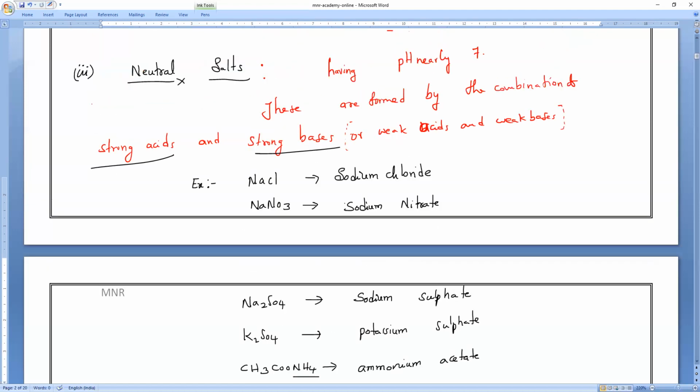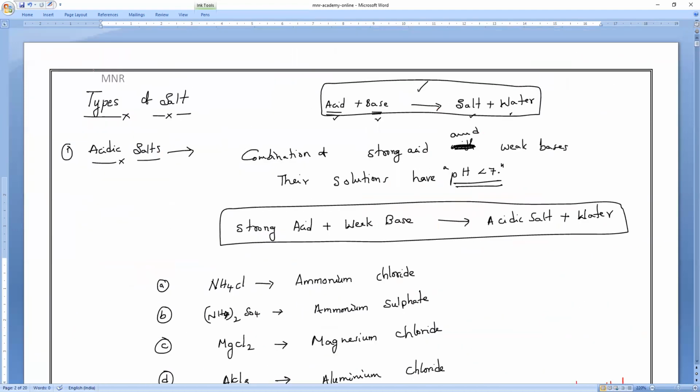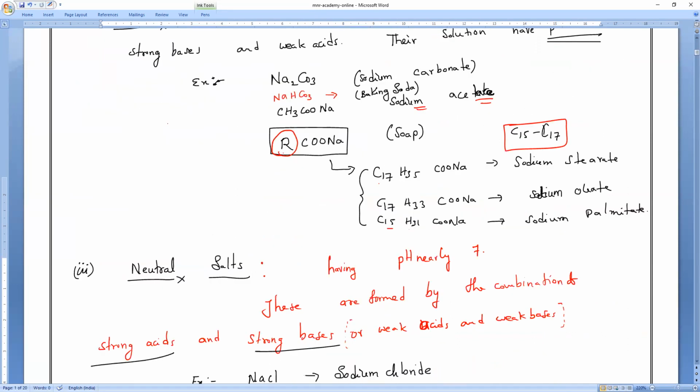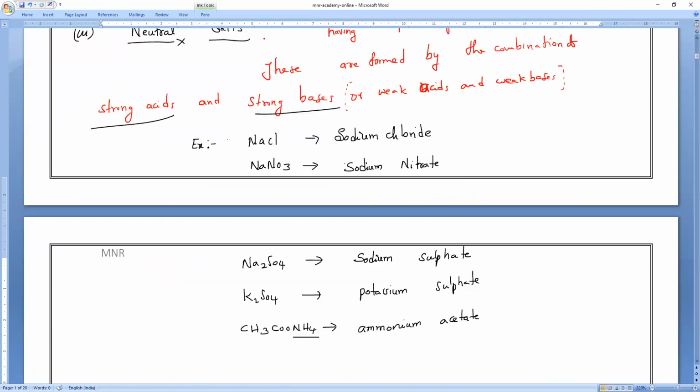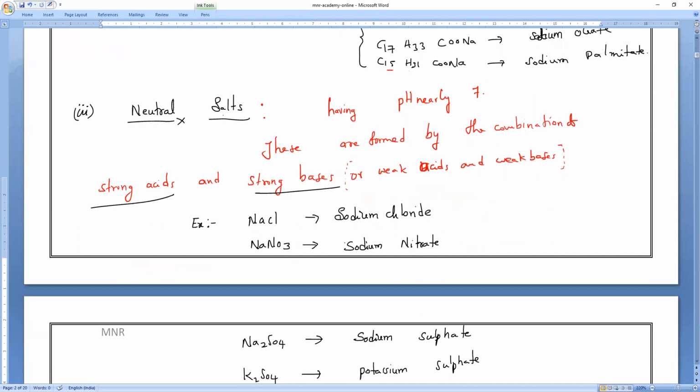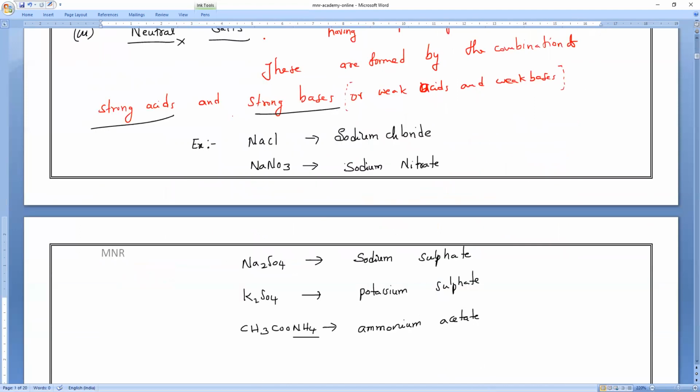That is what is expected. Make it quick now. So these are the three types of salts: acidic salts, basic salts, and as well as the next one is what, guys? Neutral salts. Clear? So that is what you have to remember. Now complete it fast. Have you all completed, everybody, till here? Any problem? You can ask me.